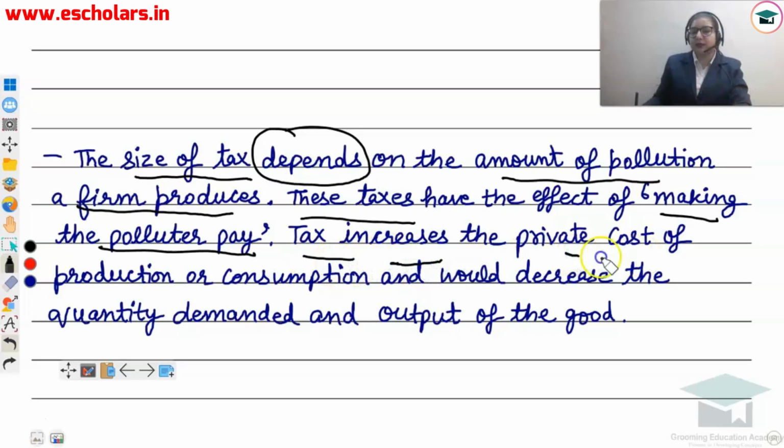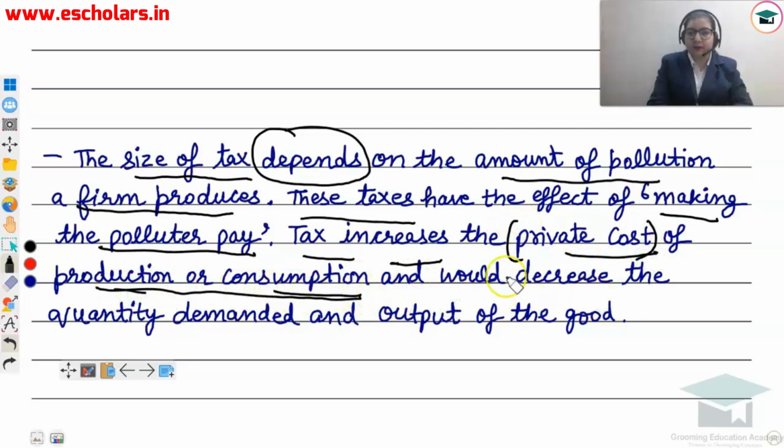Tax increases the private cost of production or consumption. So here, tax being a part of their internal cost, now they are considering the taxes as a private cost of production or consumption. And since the firms now consider the pollution taxes in their private cost of production, they will decrease the quantity produced, that is the output of the good.